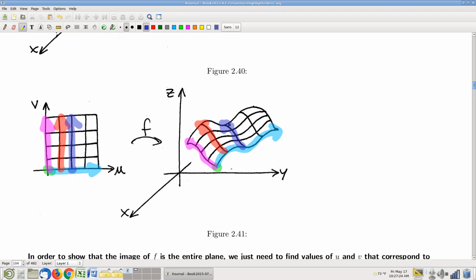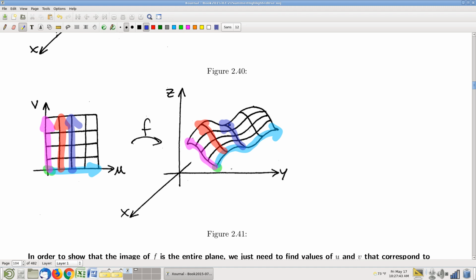Thinking of the image is kind of a competitor to the graph construction. A graph is a picture that helps you understand a function. Level sets are a picture that help you understand a function. Very different picture. Well, images, likewise. This is a different kind of picture.